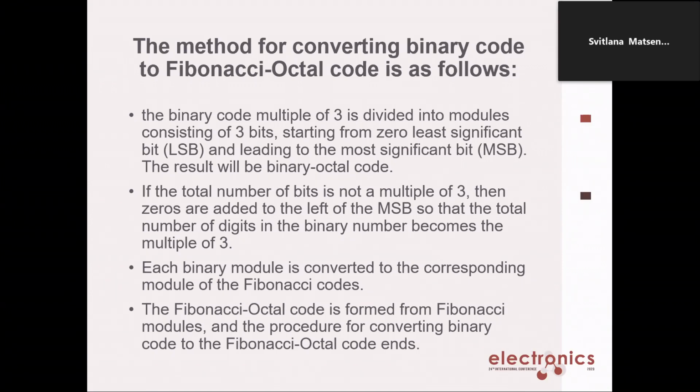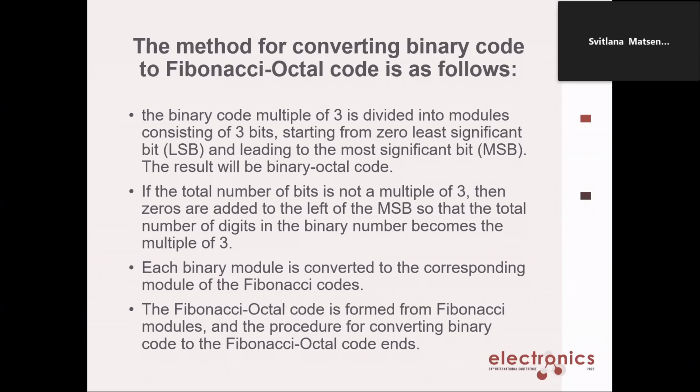Each binary module is converted to the corresponding module of the Fibonacci code. In the next step, the Fibonacci octal code is formed from the Fibonacci modules, and the proposed conversion of binary code to the Fibonacci octal code ends.